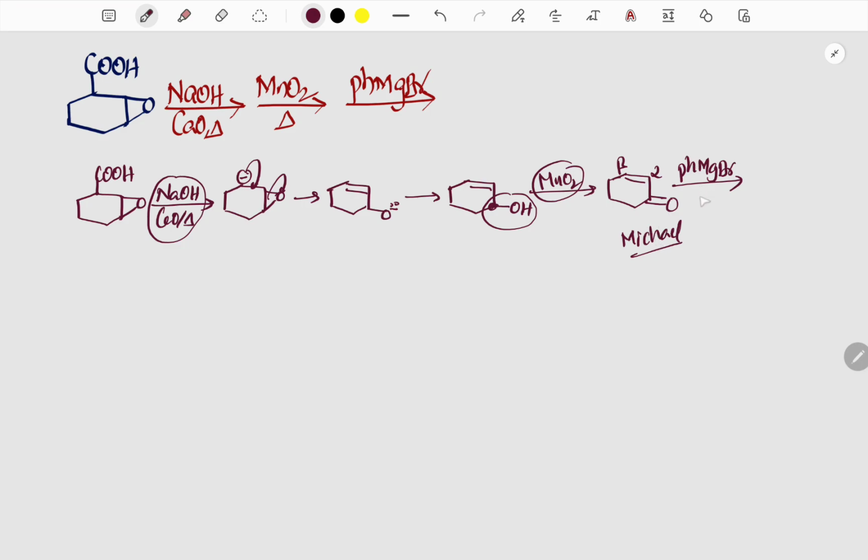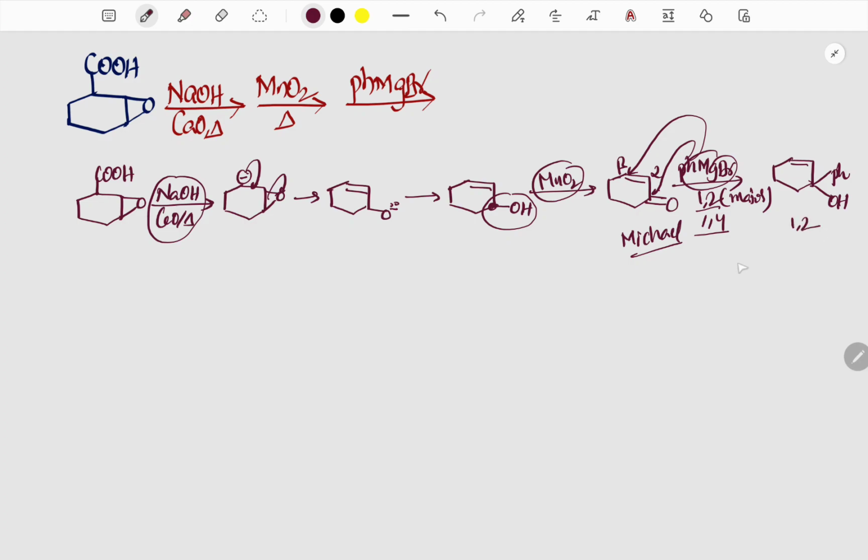Michael compound means 1,2 addition and 1,4 addition, both are possible. For Grignard reagent, 1,2 is major. So in the 1,2 product the nucleophile attacks here, and in 1,4 the nucleophile attacks elsewhere. So the 1,2 product is like this, nucleophilic addition.